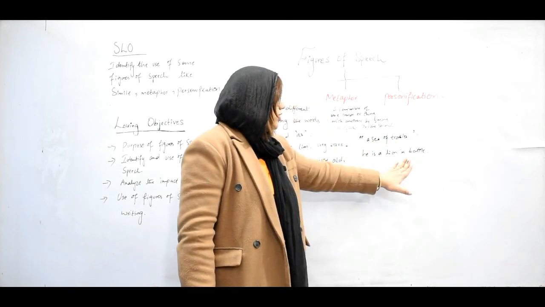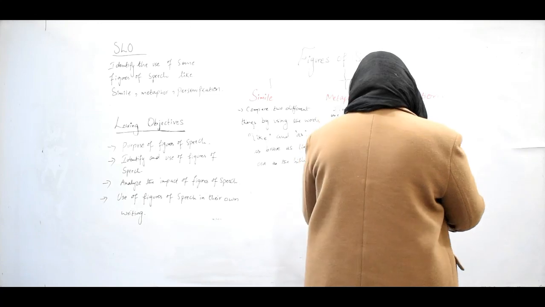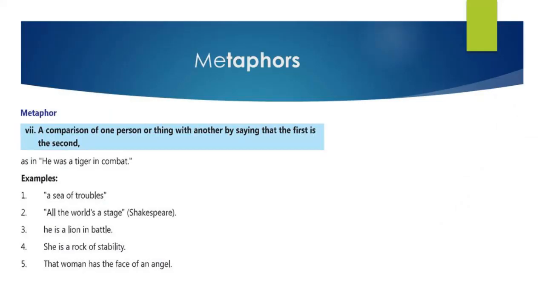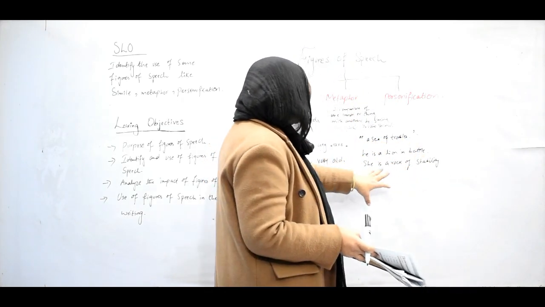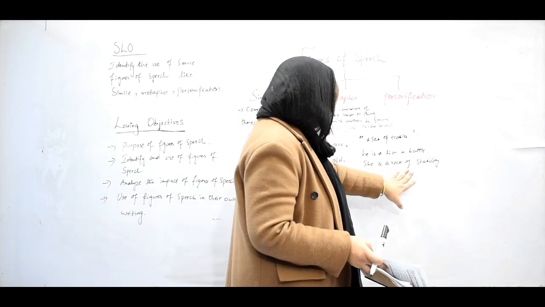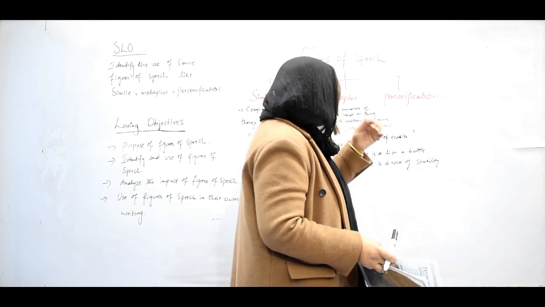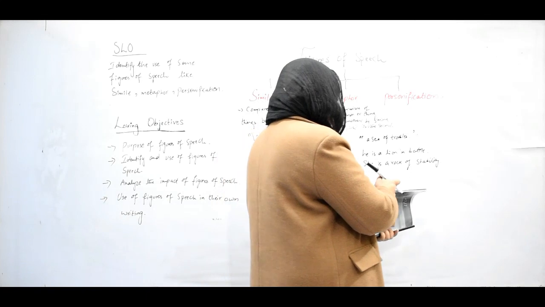This way, the first one is compared with the second one. Now move to another one. She is a rock of stability. Know that a rock is stable and hard. So it means that we are comparing her with a rock.